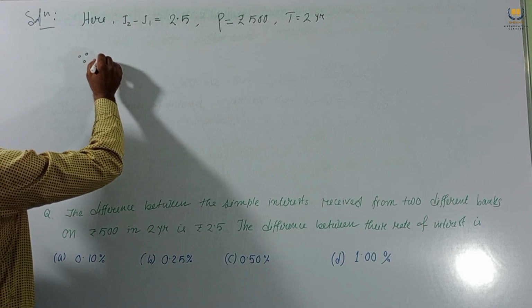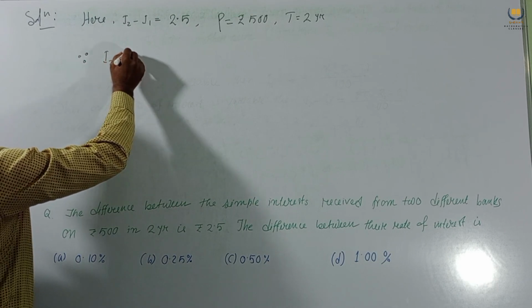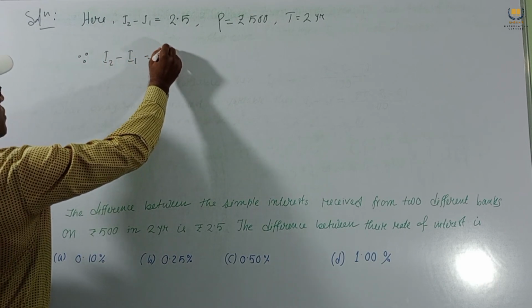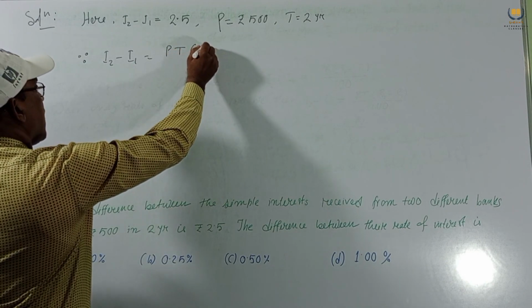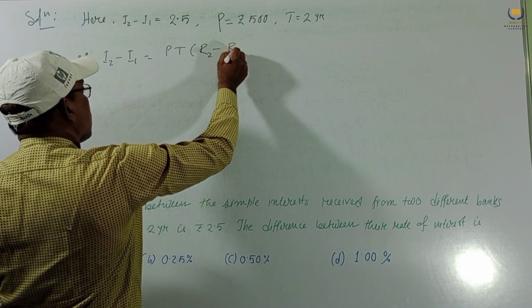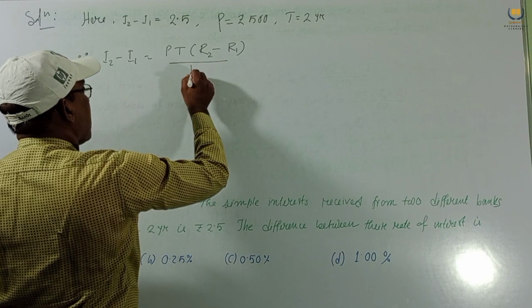We know this formula: I2 minus I1 equals PT (R2 minus R1) by 100.